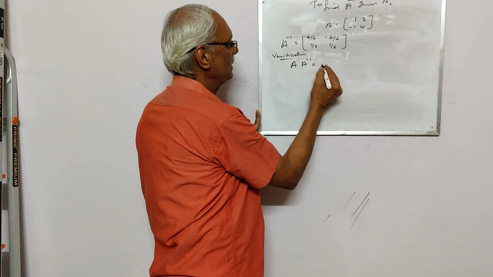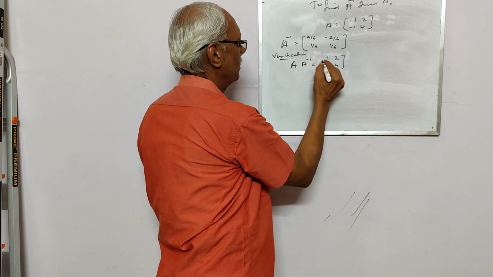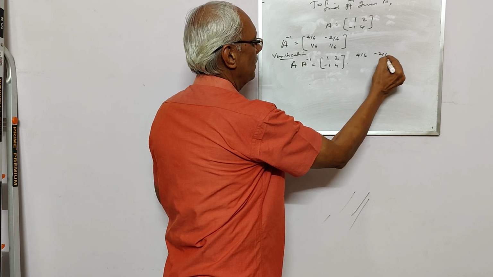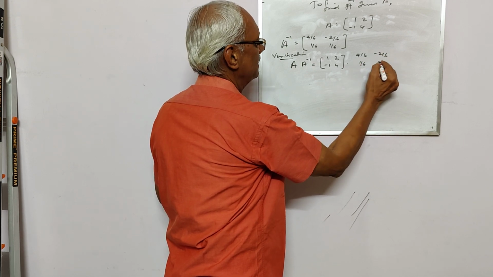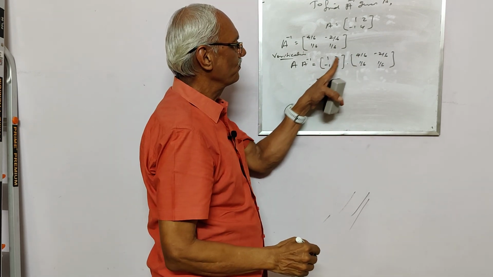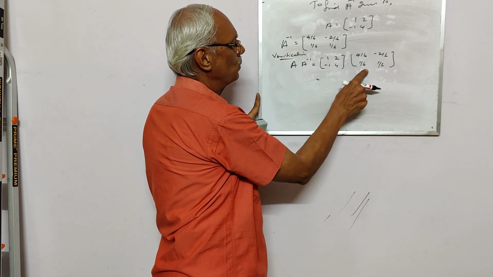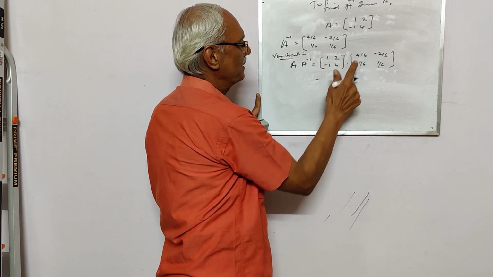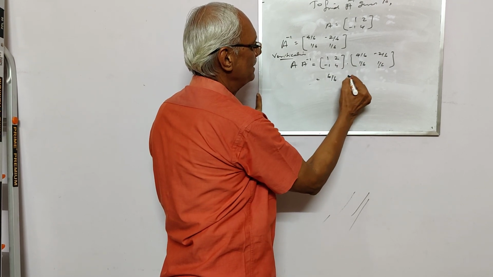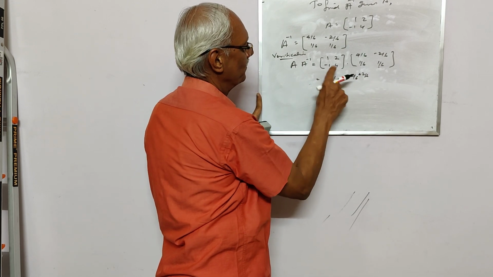Verification: A into A inverse. What is your A? 1 2 minus 1 4, multiplied by 4 by 6, minus 2 by 6, 1 by 6, 1 by 6. Now multiply. I told you how to multiply. First row into first column: 1 into 4 by 6, 2 into 1 by 6, so 4 by 6 plus 2 by 6 is 6 by 6. Then 1 into minus 2 by 6, 2 into 1 by 6 is plus 2 by 6.